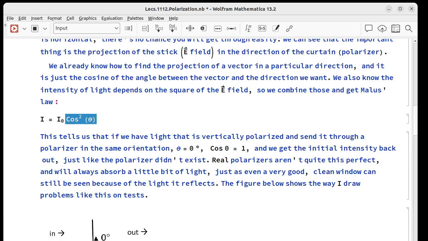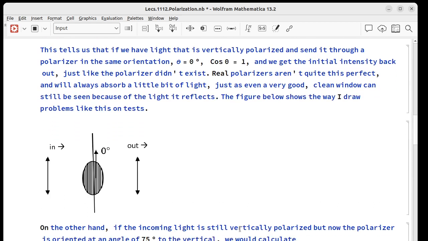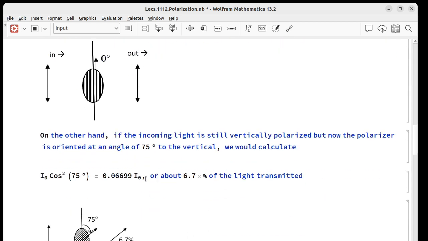This is what this kind of problem would look like on a test. I'd draw some sort of incoming light, the lines showing the direction of the polarizer, an arrow at an angle showing you which way the polarizer is angled, and then the light coming out.